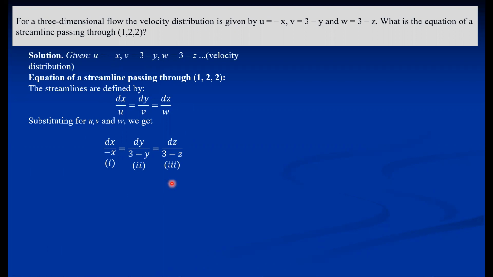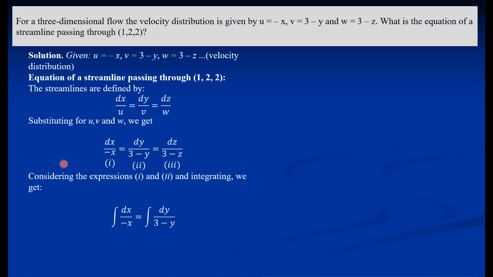First, we integrate the first and second expressions. Integration gives ln x equal to minus ln y plus c1.